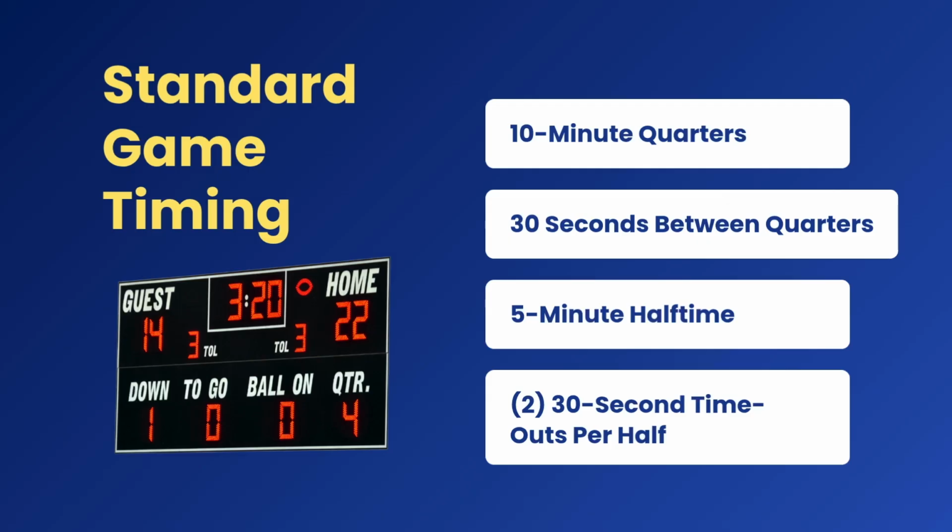The standard game timing is 4 10-minute quarters with 30 seconds in between each quarter, meaning the first and the second, and the third and the fourth, to switch sides of the field. Halftime is 5 minutes, and then each team gets two 30-second timeouts per half.